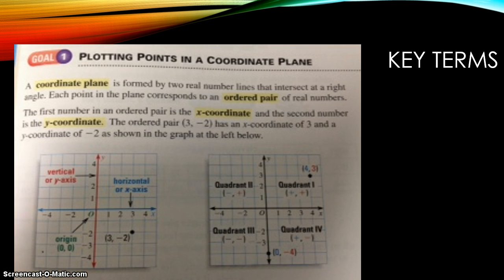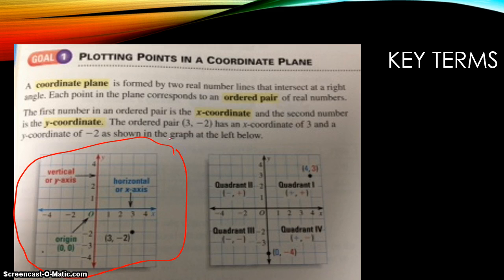So key terms. A coordinate plane is formed by two real numbers that intersect at a right angle. So to make it simple, this whole thing is a coordinate plane.